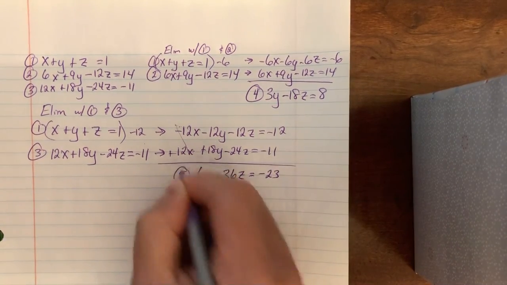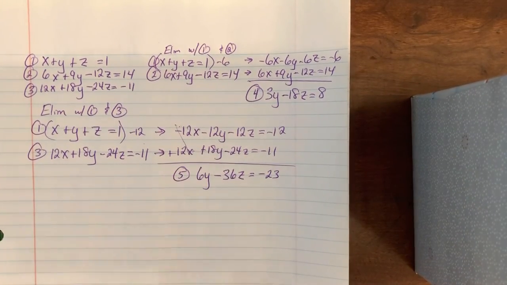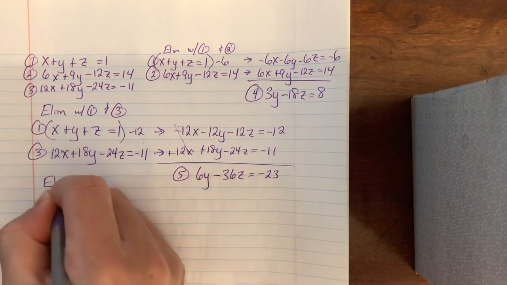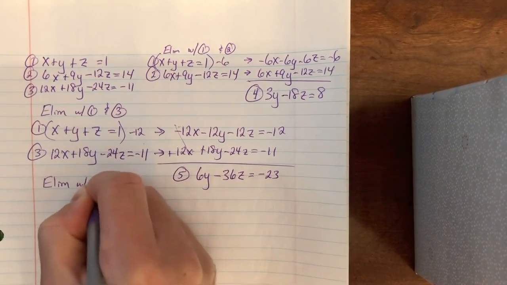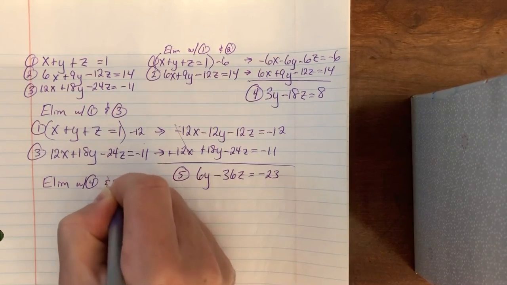This is equation 5. So now when I have both 4 and 5, we need to solve for one of them. So we're going to do elimination with 4 and 5.